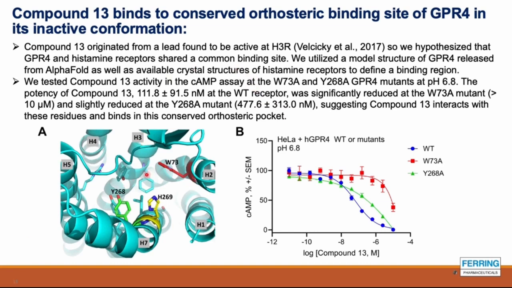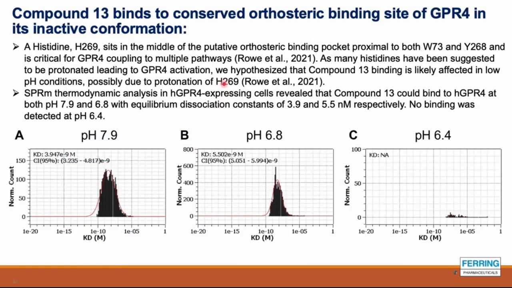You will note the presence of a histidine in this binding pocket, histidine 269, that has been shown in the literature to be one of the histidines in GPR4 protonated and leading to GPR4 activation. So that also led us to hypothesize that the reason why compound 13 potency is dramatically affected in low pH condition could potentially be due to this histidine being protonated in low pH condition.